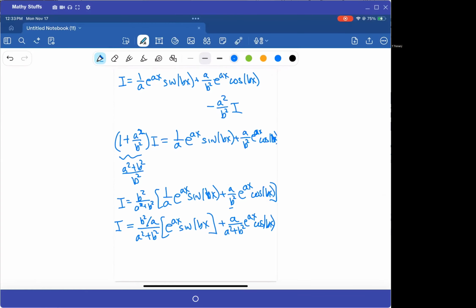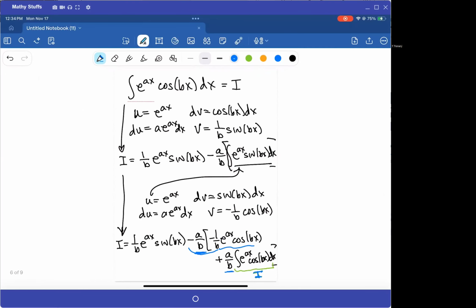So I'm just going to go back and check my work really quick. So I did u is e to the ax, and then I du just fine, and then the v's, that all looks pretty good on that first one. And then I got uv minus integral v du. So that becomes that a over b, and that all looks pretty hunky-dory. So then I go do this dude, and kind of the same thing happens again.